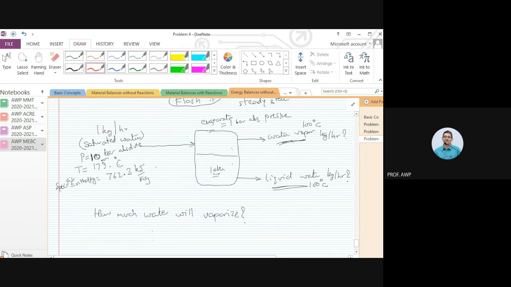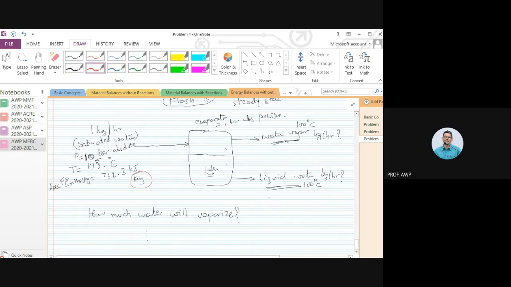Okay, specific enthalpy. Specific meaning per kg. Okay, what was the enthalpy of this liquid water? Specific enthalpy? 417.31, sir. 417.31 kilojoule per kg.